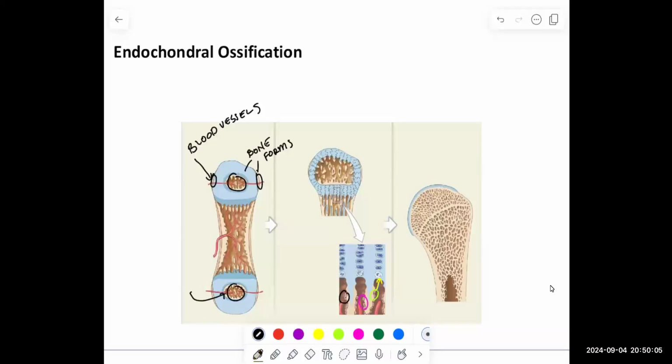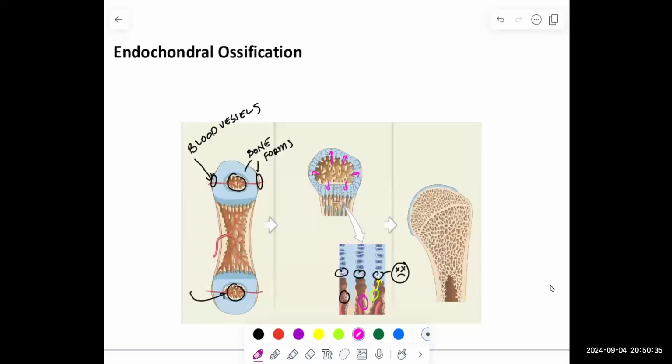And these chondrocytes right here, they're a different color. Why? They're dying. Your body will kill those chondrocytes to allow the bone to fill and take over that space. Okay. So slowly over time, the bone's just going to grow in that direction, that direction, that direction, that direction, that direction, that direction.